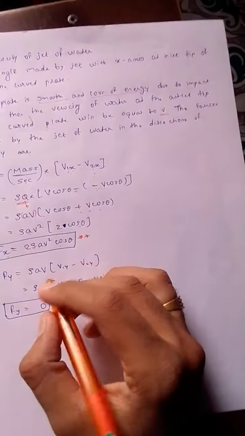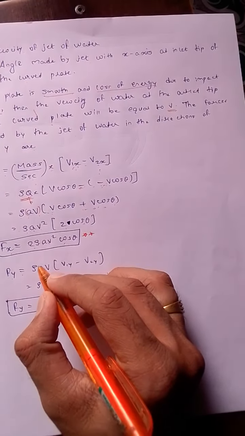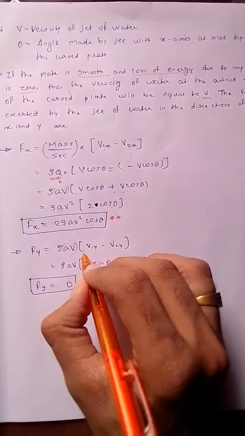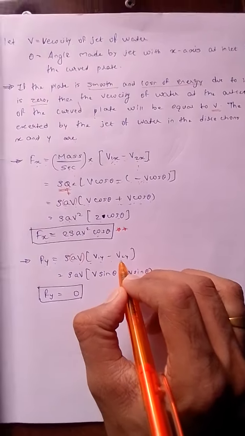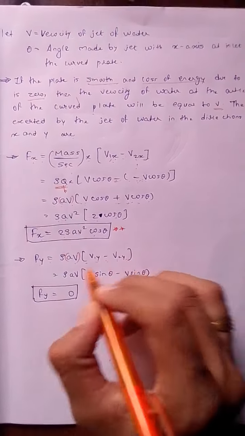So we know that mass per second is equal to rho into Q, and Q will be replaced by A into V. In the bracket, it will be initial velocity minus final velocity, so v1y minus v2y.